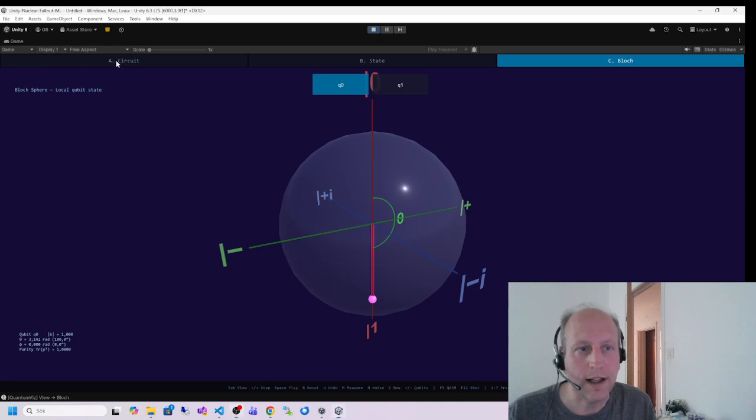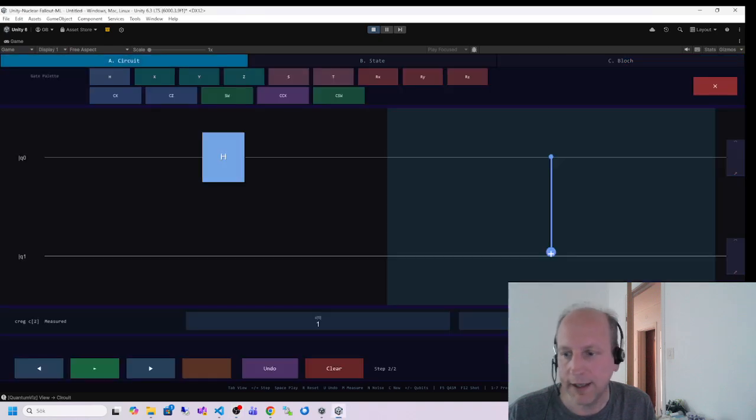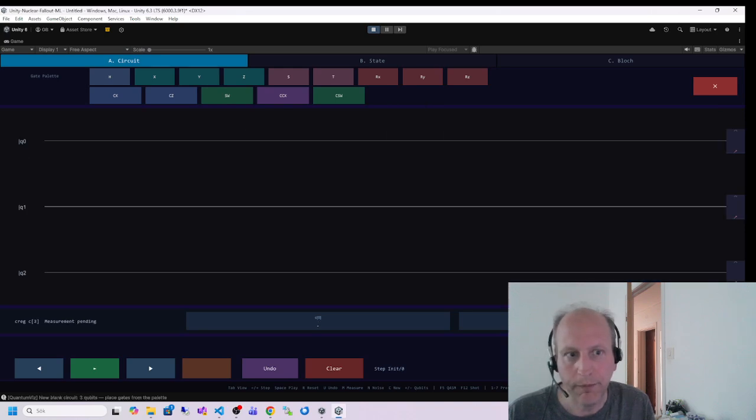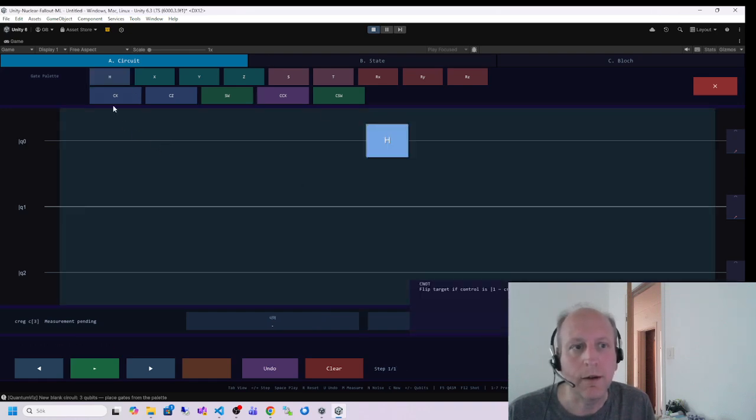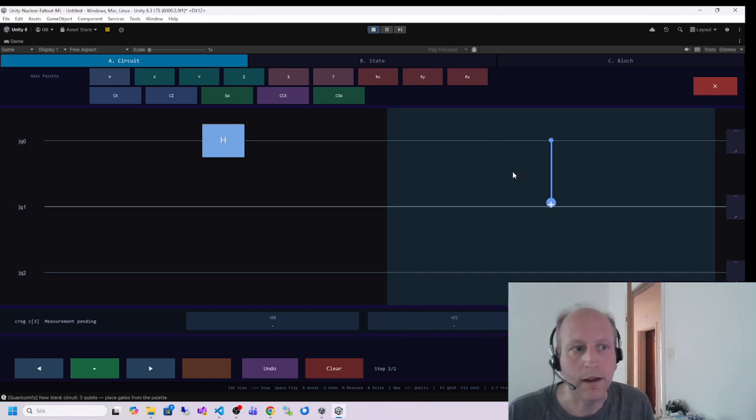So let us make this even more complicated. We add another qubit. We have a Hadamard. We have a CNOT, and we add another here.